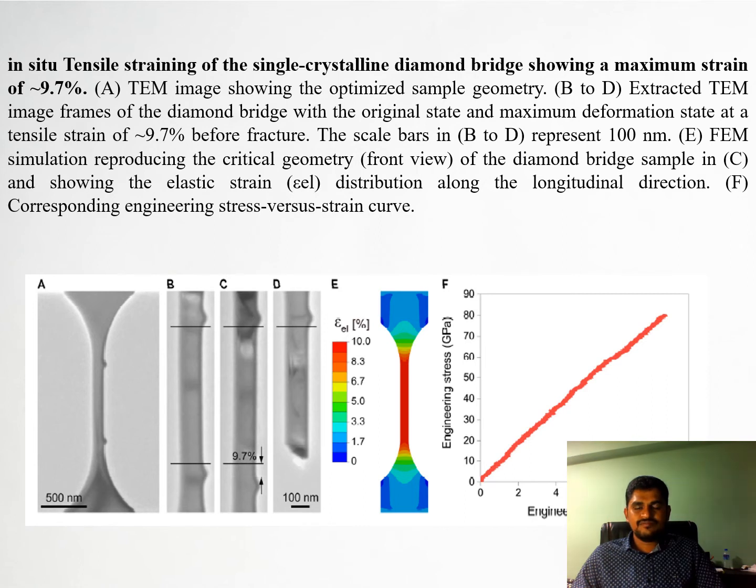The in situ tensile strain of the single crystal diamond shows a maximum strain of 9.7%. So we can say that 9.7% is the maximum strain the diamond can get from this picture. The stress strain curve is described.